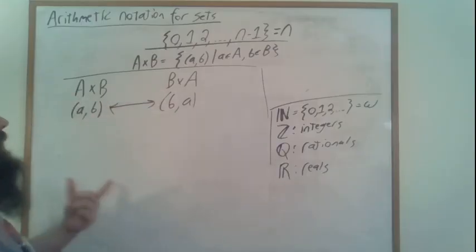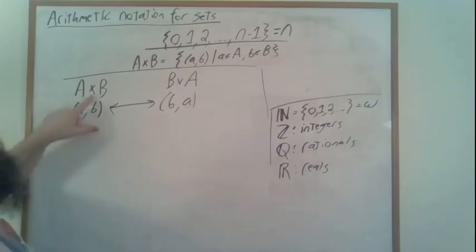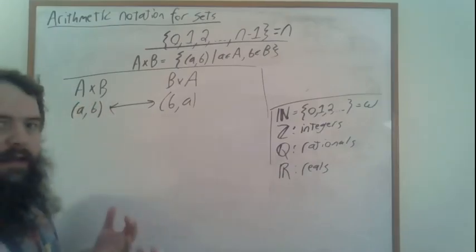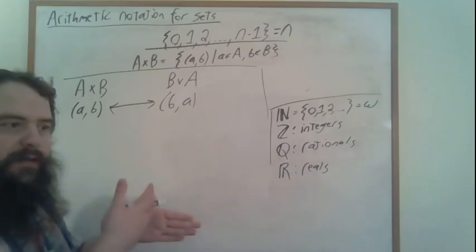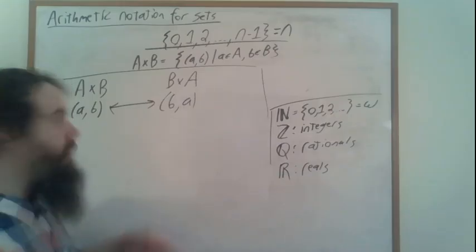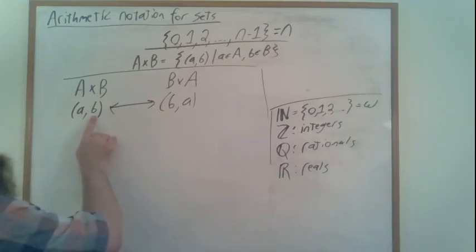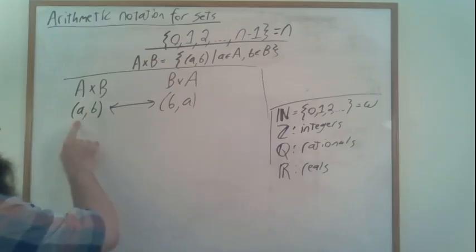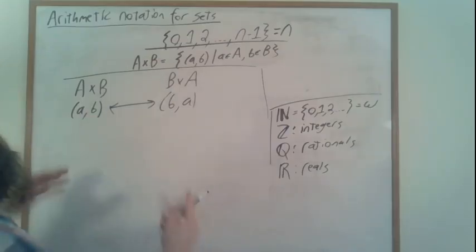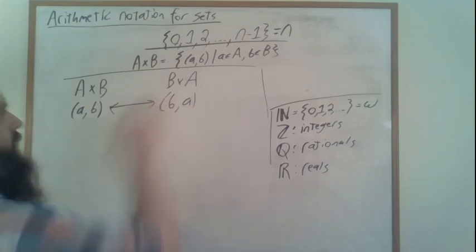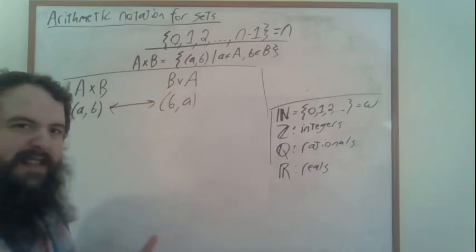When we were talking about linear orderings, the ordering depended on the order of the elements within the pair. We ordered based on the second element and then on the first element. So it's not always going to be the case that A cross B and B cross A are essentially exactly the same thing.